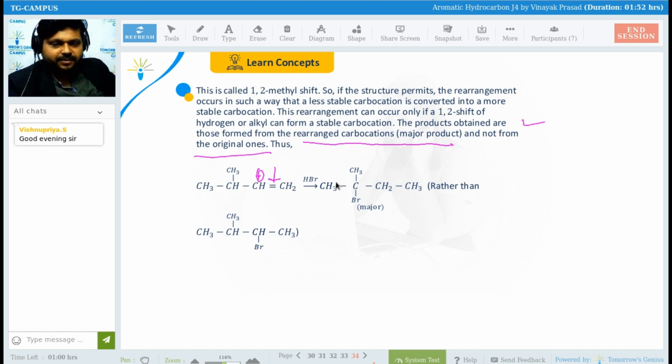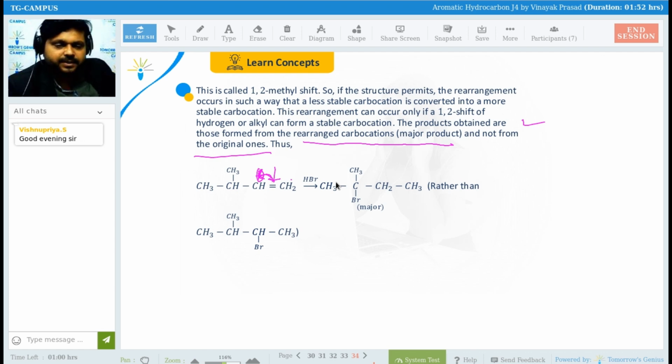Br will attack this carbon, because if the electron will move towards this, there will be a minus charge and a plus charge, right? But this is not much stable. Getting my point? So rearrangement will be there. Clear, everyone? Is it okay?